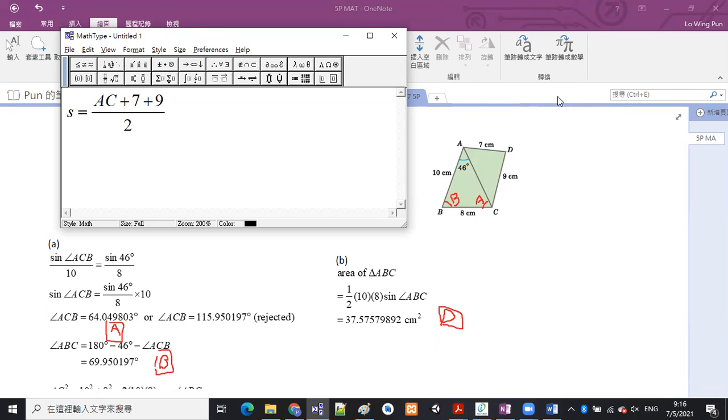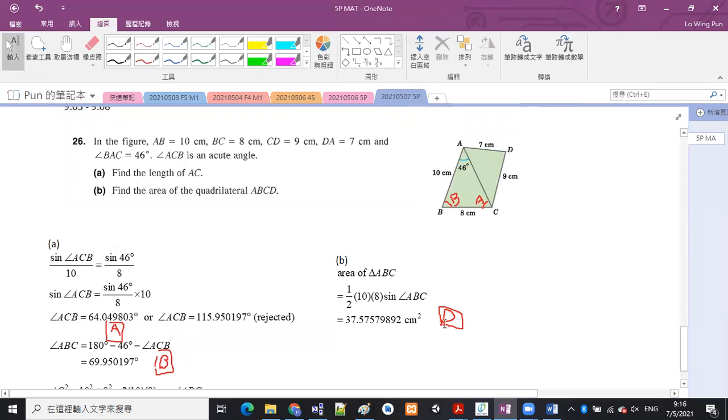And AC will be memory C. So memory C plus 7 plus 9 and then divided by 2 should be 13.22 something. Okay, and store this to memory X.